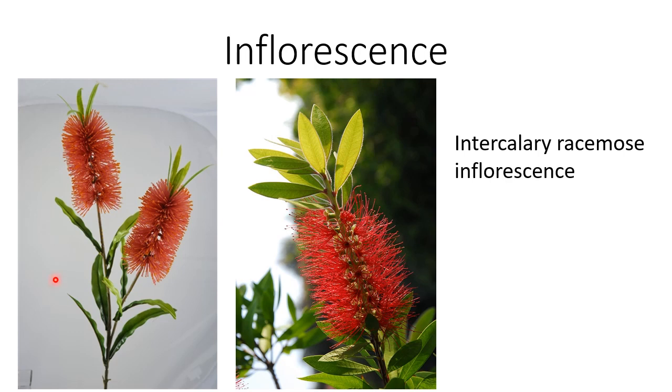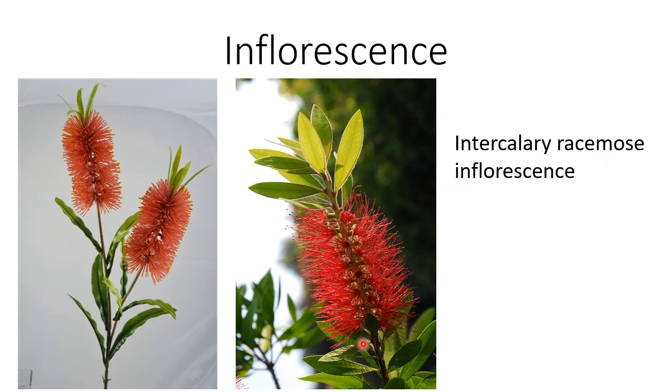Inflorescence in this plant is intercalary racemose. Now let's understand what is racemose inflorescence and what is intercalary racemose. In any racemose inflorescence, older flowers are present at the base and younger flowers are present at the apex. This kind of arrangement you can easily see, that's why it is racemose.